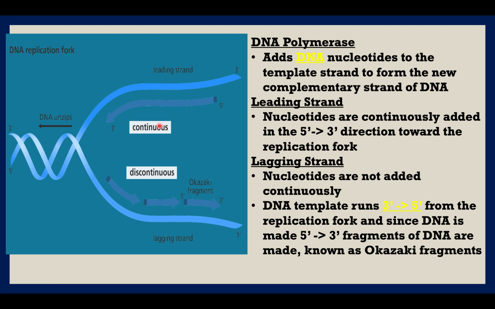So let's try to show this in a better way. As you can see here, DNA polymerase is reading the leading strand from 3' to 5', yeah? It's reading it in that direction, but it's actually synthesizing in the 5' to 3' direction.